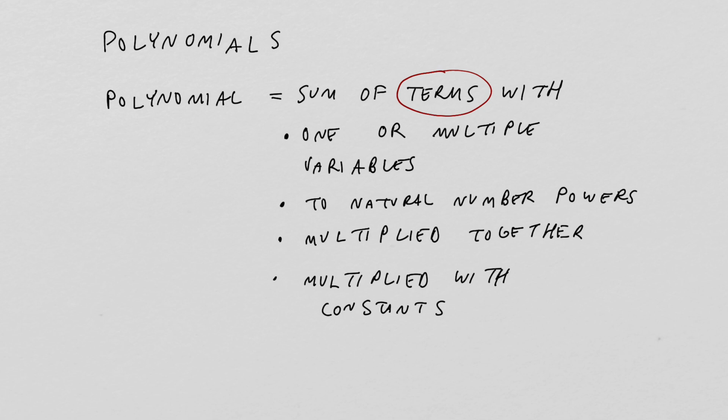So for example, we could take the variable x and put it to power 7, and we could take y to power 3, and we could multiply these factors together and still multiply them with some constant, and this kind of term would be okay.